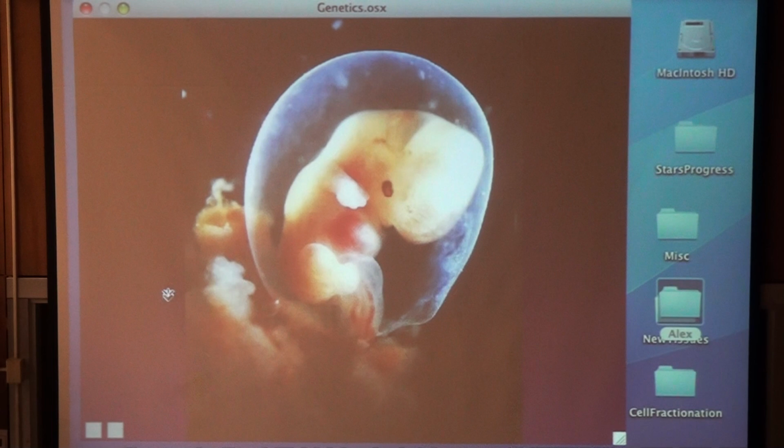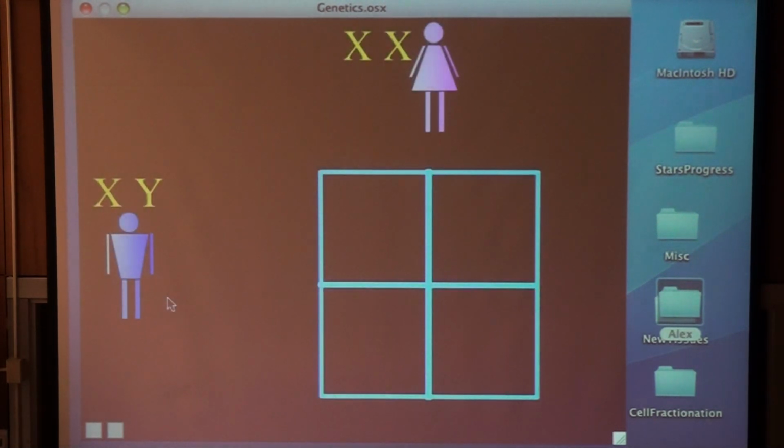All right, and so an embryo or a fetus that has 2 of the X chromosomes develops into a female, and one that has the X and the Y develops into a male. As I said, because there are genes on here that control male development and control female development.